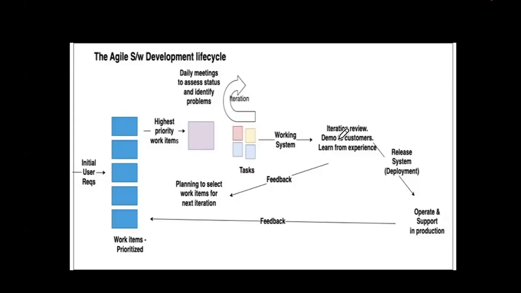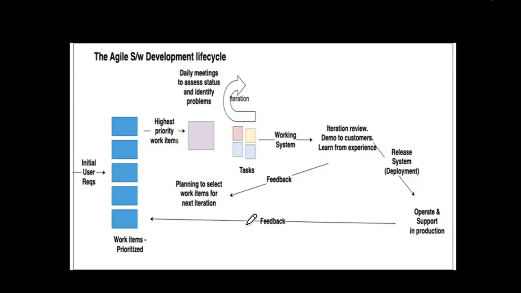And whether you're just demonstrating it to the customer and you haven't really deployed it into production yet, or whether you've deployed them into your production environment, you're getting feedback from your customer as to whether they like the new features, they want them slightly redesigned, or changed, or added to.